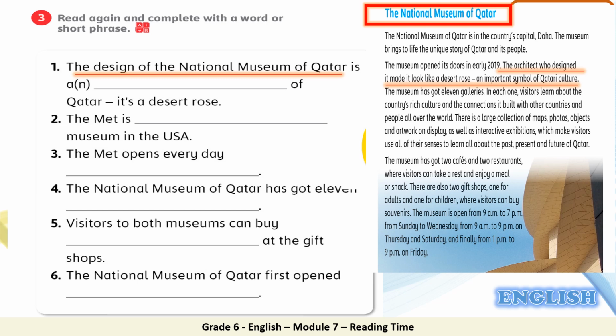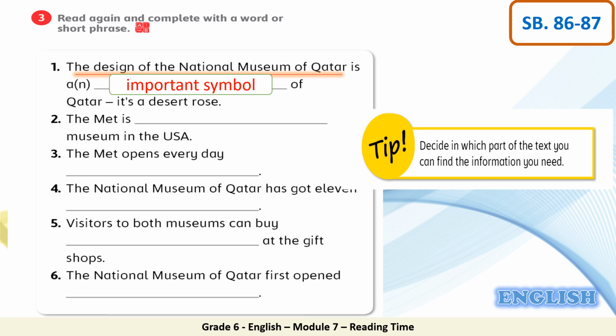This part, this phrase, an important symbol of Qatar. Now, pause the video and do the same with the rest on your own. But remember, very important to decide which part of the text you can find the information you need. So I will let you do this by yourself and check your answers when you come back.